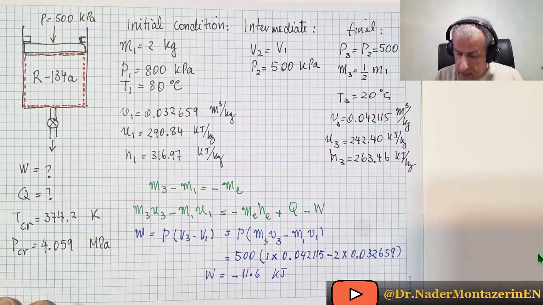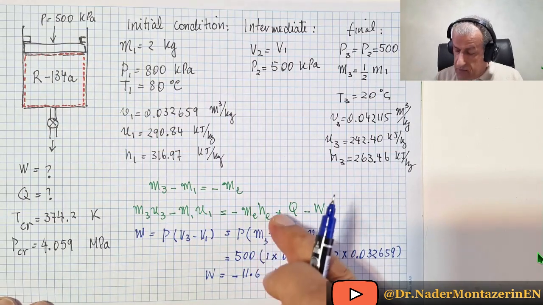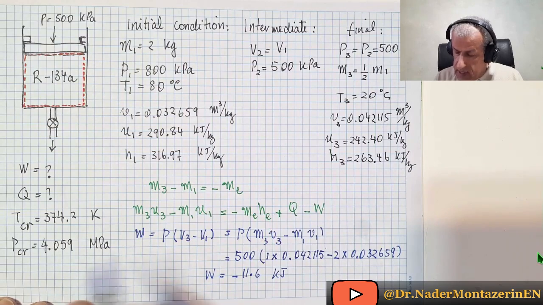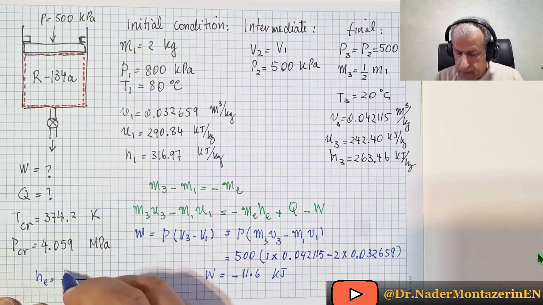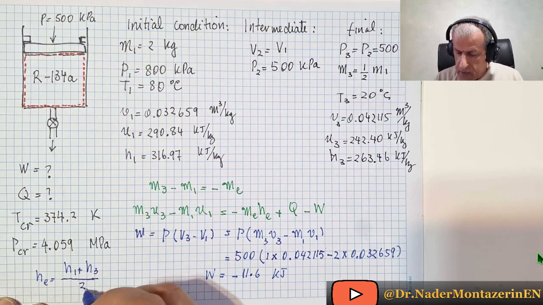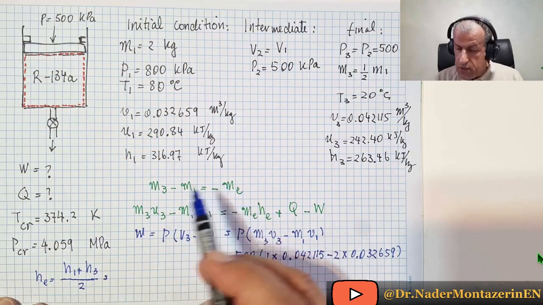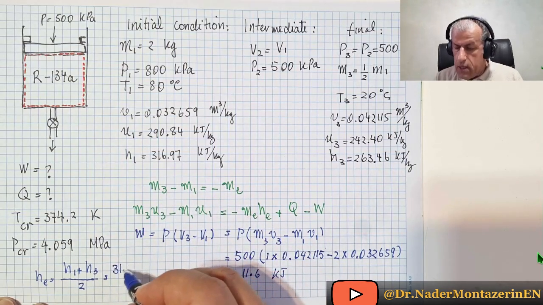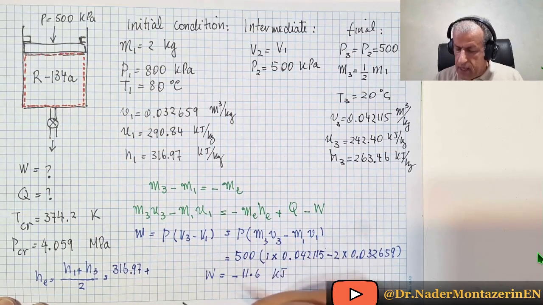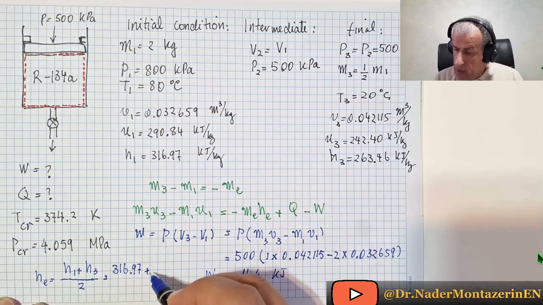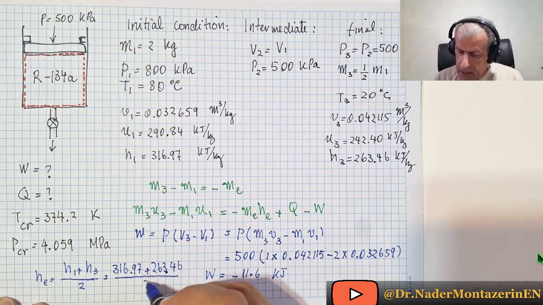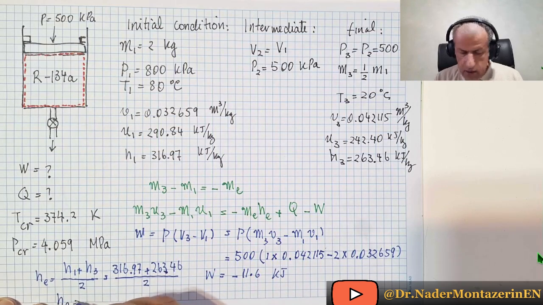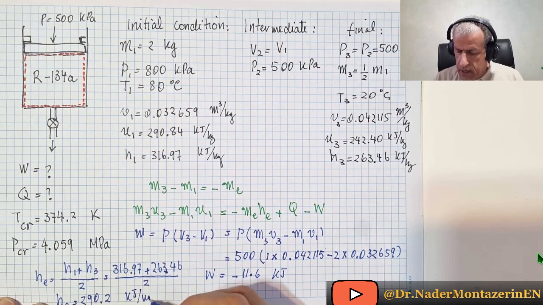Also, a very simple other point that we have to calculate before we start calculating Q is that HE equals H1 plus H3 divided by 2, and that would be 316.97 plus H3, which is 263.46, and divided by 2, and therefore HE would be 290.2 kilojoule per kilogram.